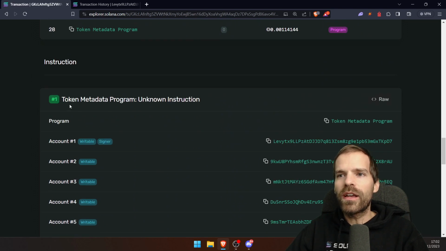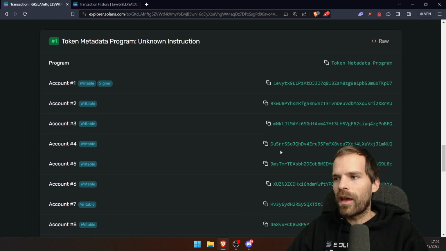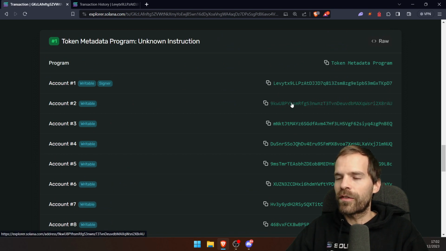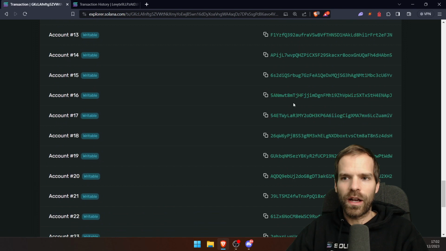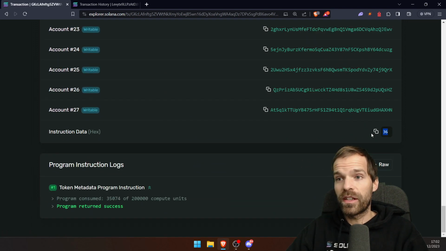And we also see that the program doing this is the Token Metadata Program with an unknown instruction. Basically we provide all of the accounts, and the first one is the signer and the second one is the account that receives everything. And then the rest is just accounts that are drained for 0.01 sol. And instruction data 36 is probably just the instruction discriminator.